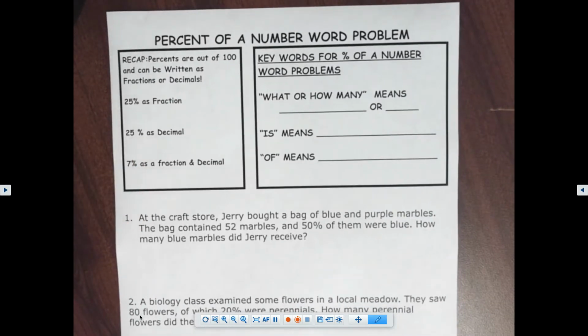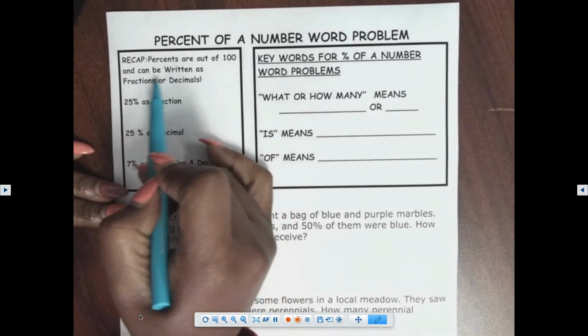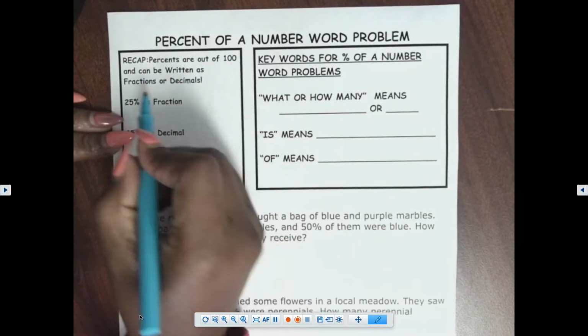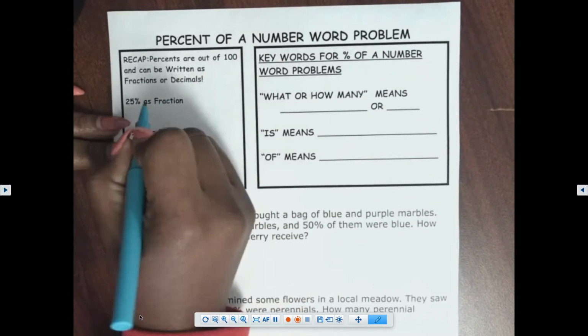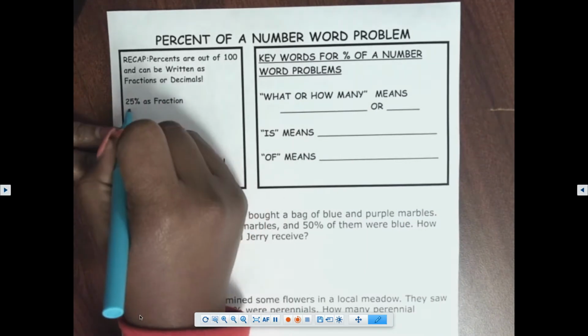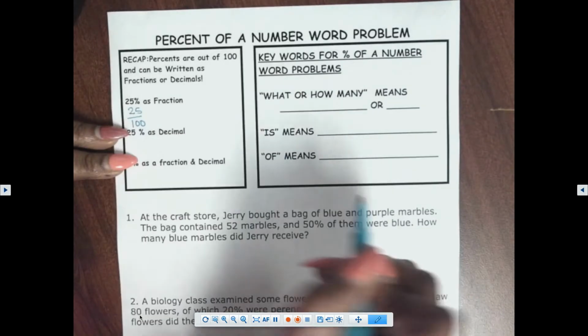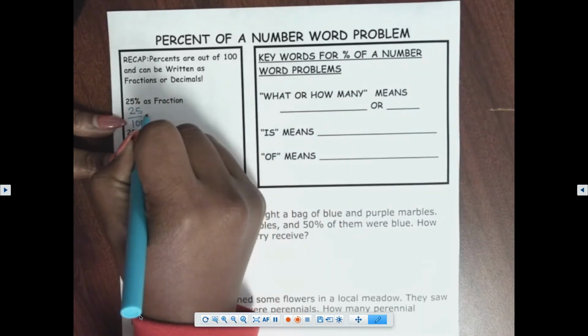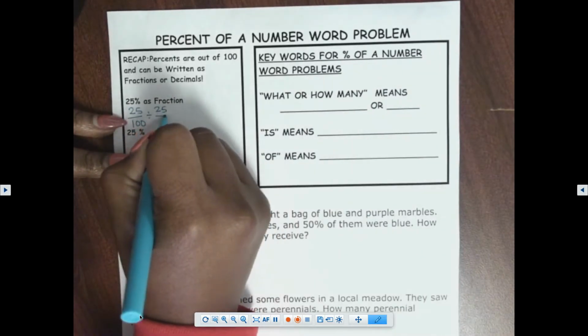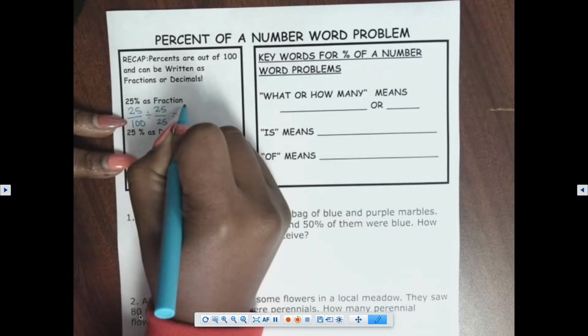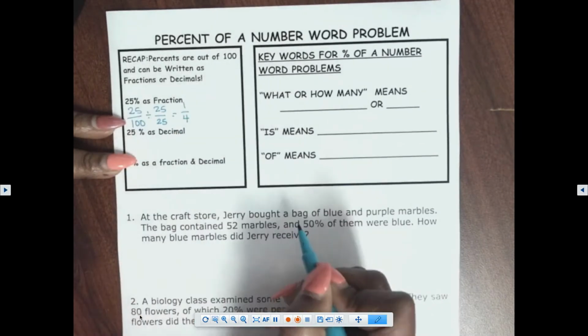Percents are out of 100 and can be written as a fraction or a decimal. So if I had 25% and I want to write that as a fraction, all I do is 25 over 100, and then I can simplify it. 25 goes into both the top and the bottom, so 25% as a fraction could be 1/4.